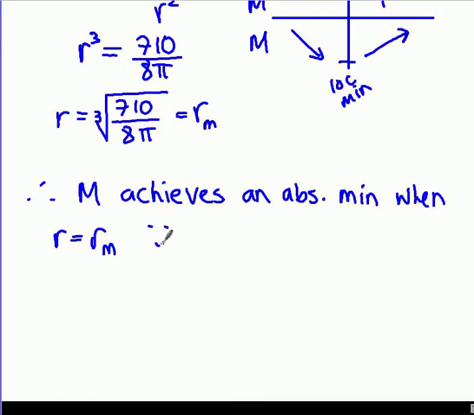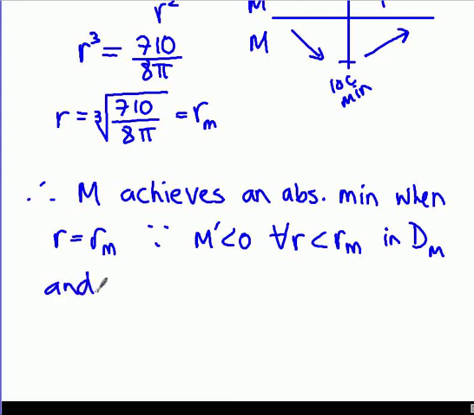And that's true because m prime is negative for all r less than our minimum r in my domain. And m prime is greater than 0 for all r greater than rm, again, in the domain.